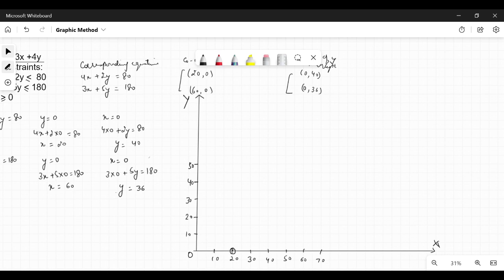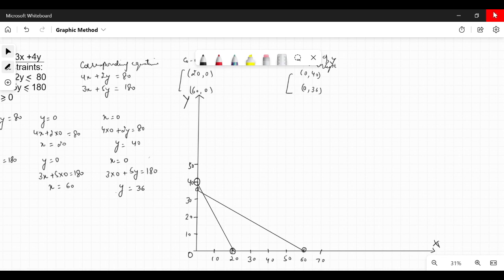In the same way, here I have (0, 40). Again, I will put another value, that is (0, 36) on the y-axis and (60, 0) on the x-axis. Now I will join these two points. This way we are able to make a graph.